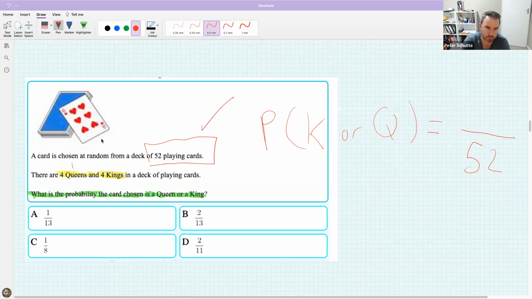Now, if there's 4 queens and 4 kings, those are all favorable outcomes. So that must be 8 out of 52, but there's no 8 out of 52 that I see here. But I know what's happening. It's an equivalent fraction. And everyone is saying B, and I see what you've done. You've divided 52 by 4 to get 13, and you divide 8 by 4 to get 2.